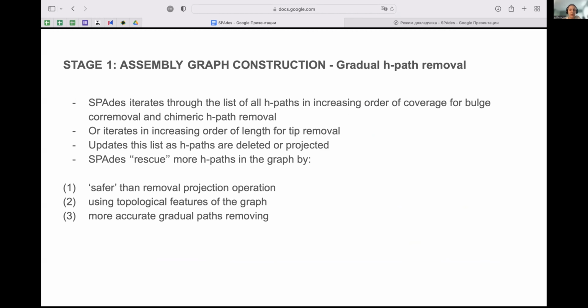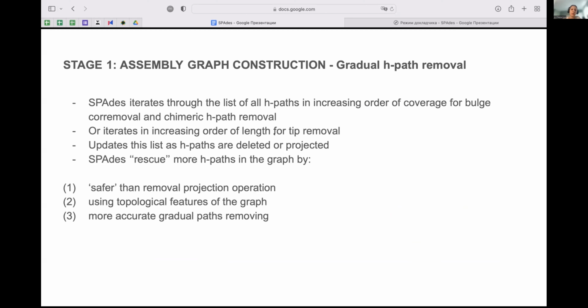SPAdes iterates through the list of edge paths in increasing order of coverage for bulge removal and chimeric edge path removal, or in increasing order of length for tip removal. It updates the list of edge paths that were deleted or projected, and SPAdes rescues more edge paths in the graph by the following properties: a projection operation, which is safer than removal as I mentioned already, using topological features of the graph instead of using just length and coverage like in previous algorithms, and more accurate gradual path removal.